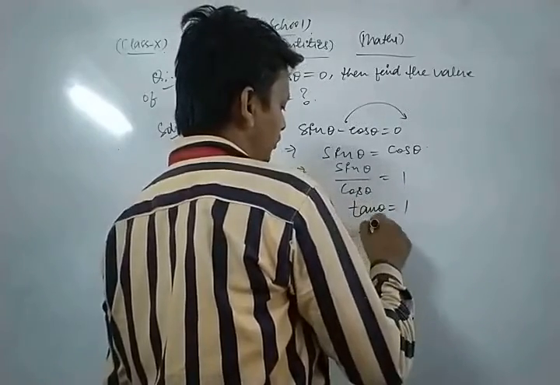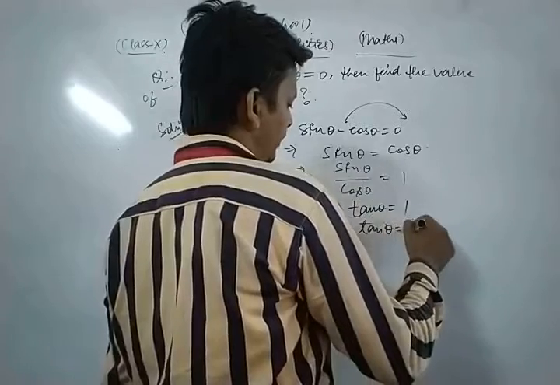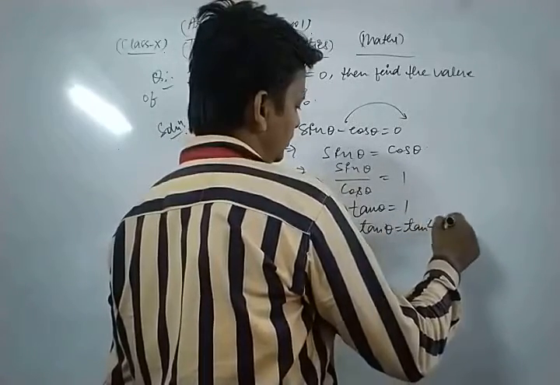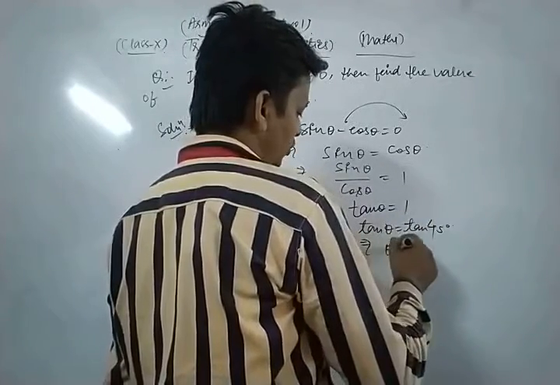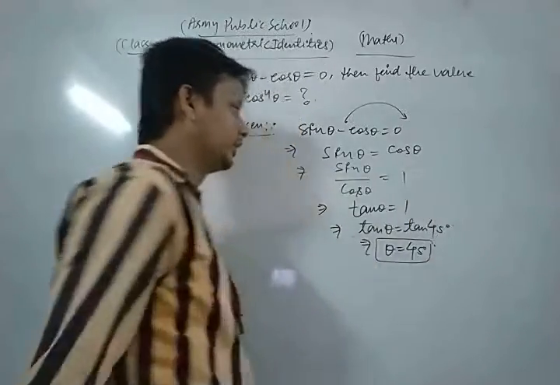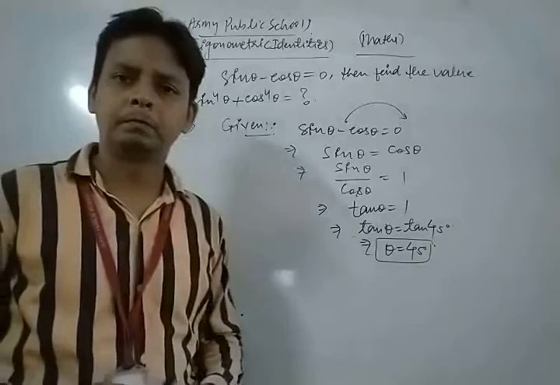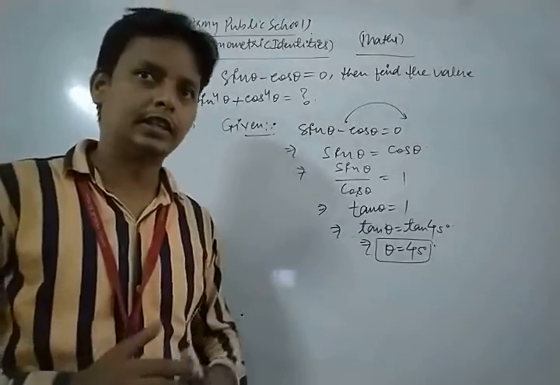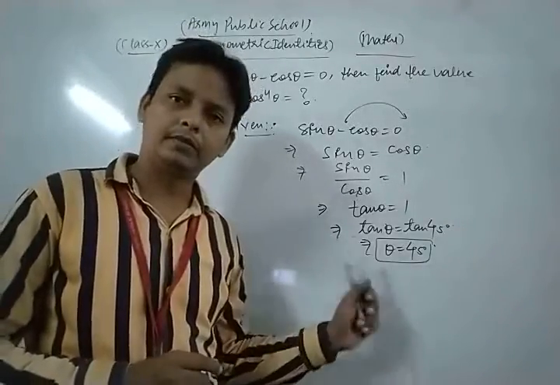The value of tan 45 degree is 1, so from here the value of angle theta is 45 degree.